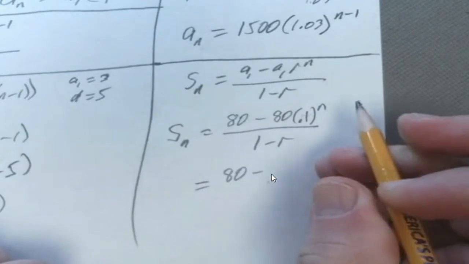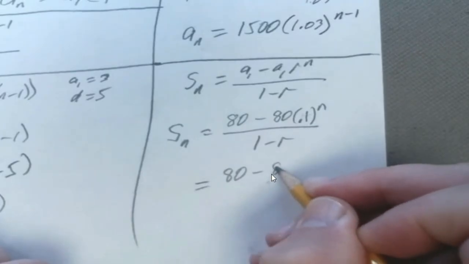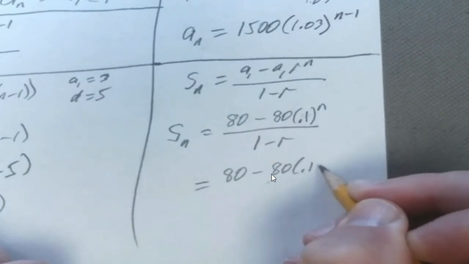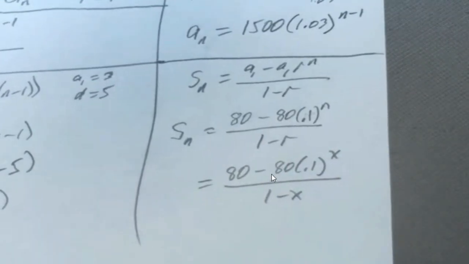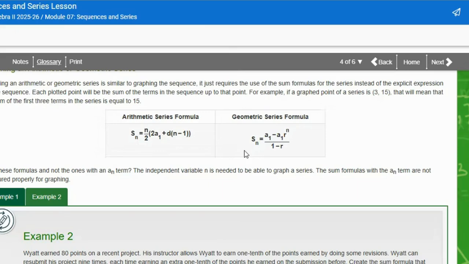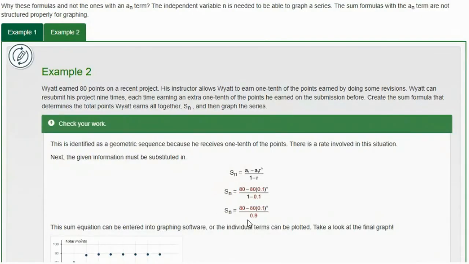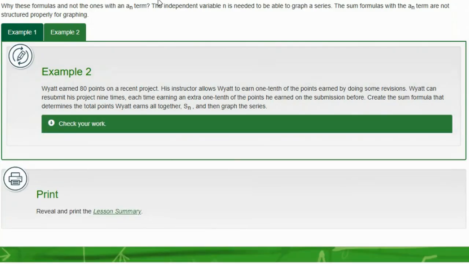80 minus 0.1 to the x over 1 minus x. Let's see if we can put it in like that in Desmos without simplifying anything. Then we'll come back and see if they simplified it. Oh, the 1 minus r. That was 1 minus r.